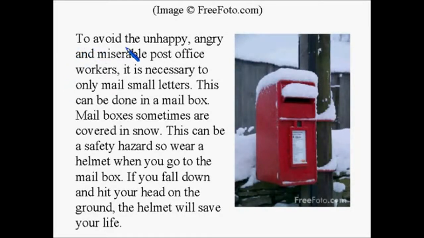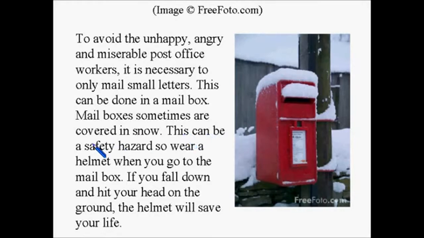To avoid the unhappy, angry, and miserable post office workers, it is necessary to only mail small letters. This can be done in a mailbox. Mailboxes sometimes are covered in snow.